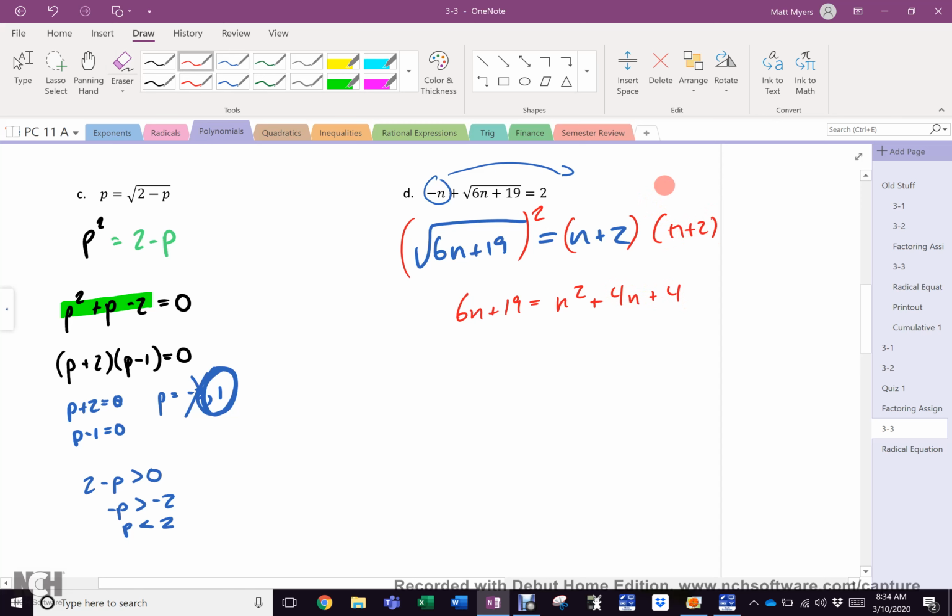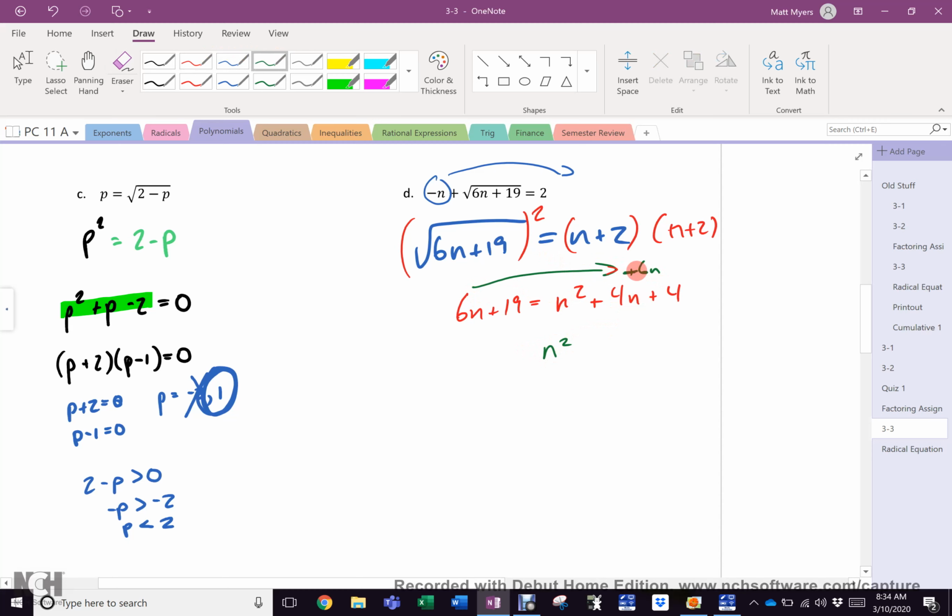Now, of course, you look at that and you see there's too many letters. So, I always want my first one positive, right? We've talked about that in factoring. So, am I going to move this? No. So, I'm going to move this. What happens to that positive 6 when I move them over here? So, I'm going to have n squared and how many n's?